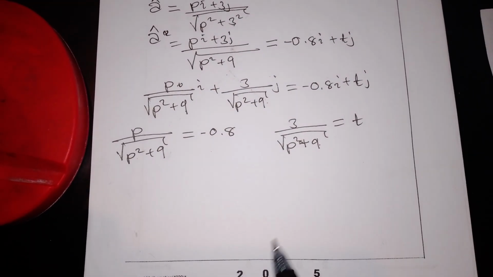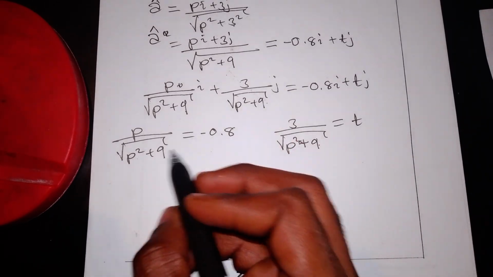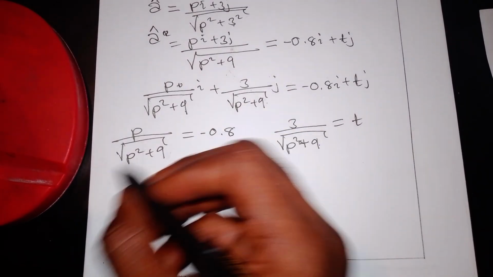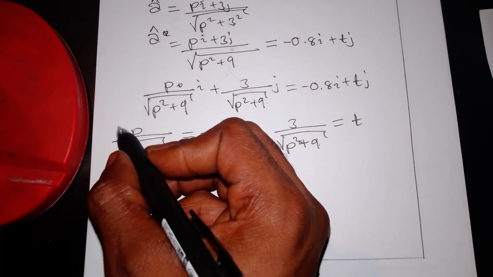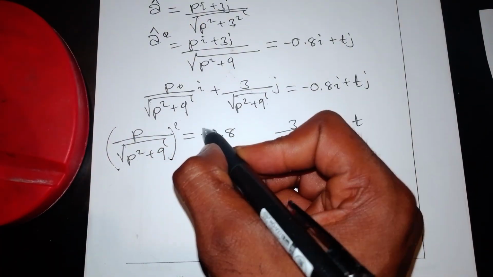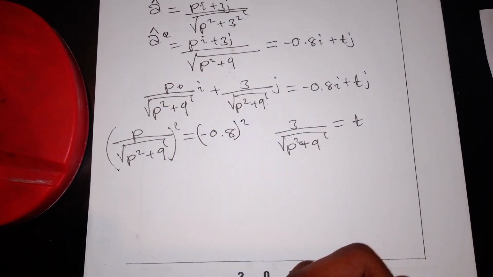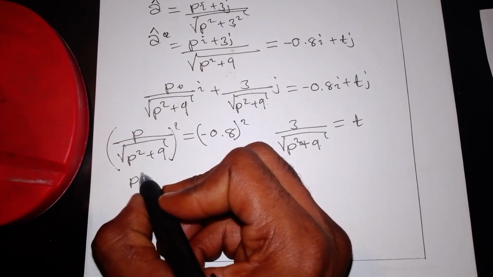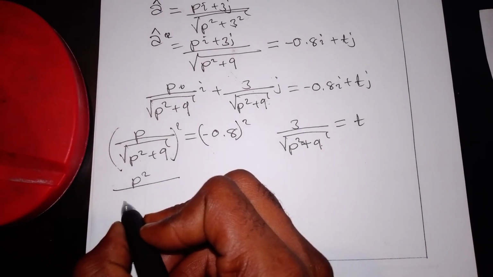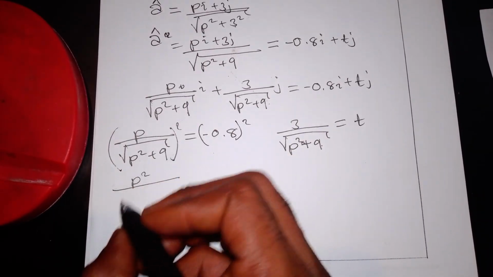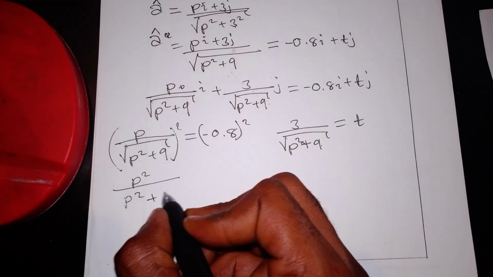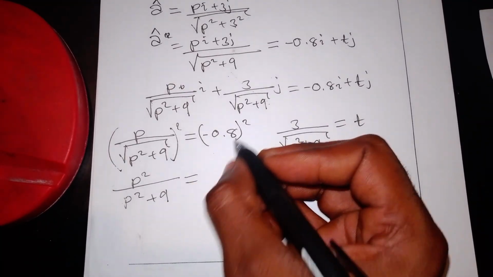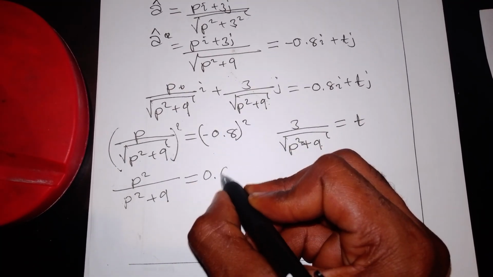So to solve for my p, I can just cross multiply, or maybe I can square both sides before I cross multiply. Either way you still get it right. So this will be p squared over, when you square this, you just eliminate the square root, and this will be 0.64.